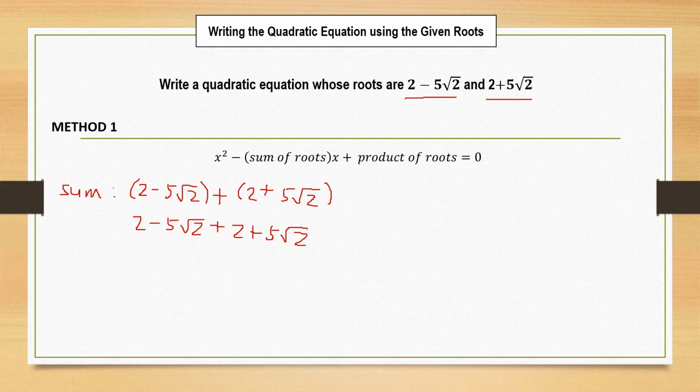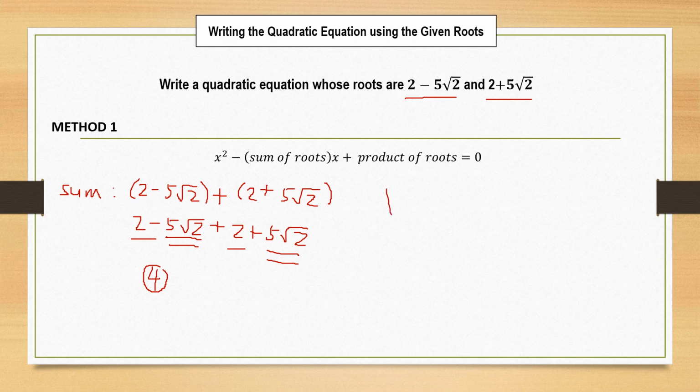Let us combine like terms. 2 plus 2 is equal to 4. Negative 5 square root of 2 and positive 5 square root of 2 when added will give us 0. Therefore, the sum of the roots is simply equal to 4.